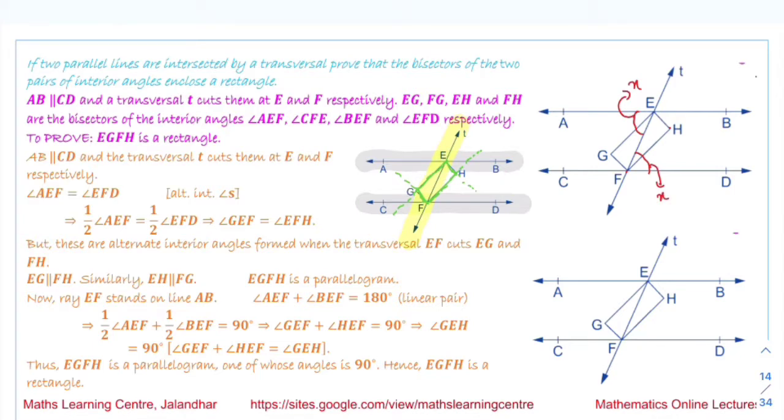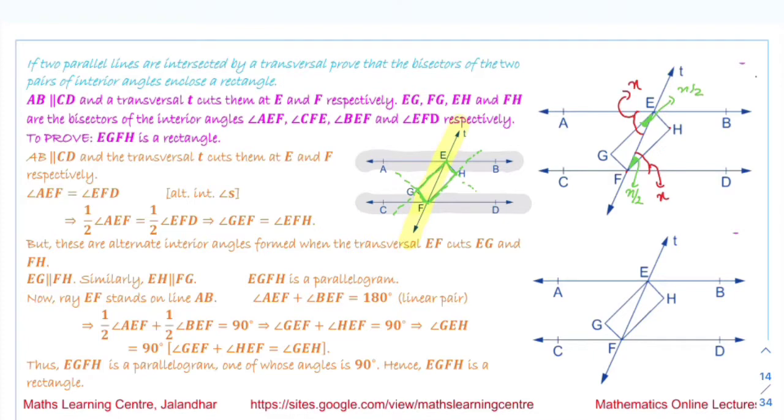Next we are talking about these smaller angles that I have marked with green. So this angle will be x by 2 and this angle will be x by 2. Both these angles will be x by 2.